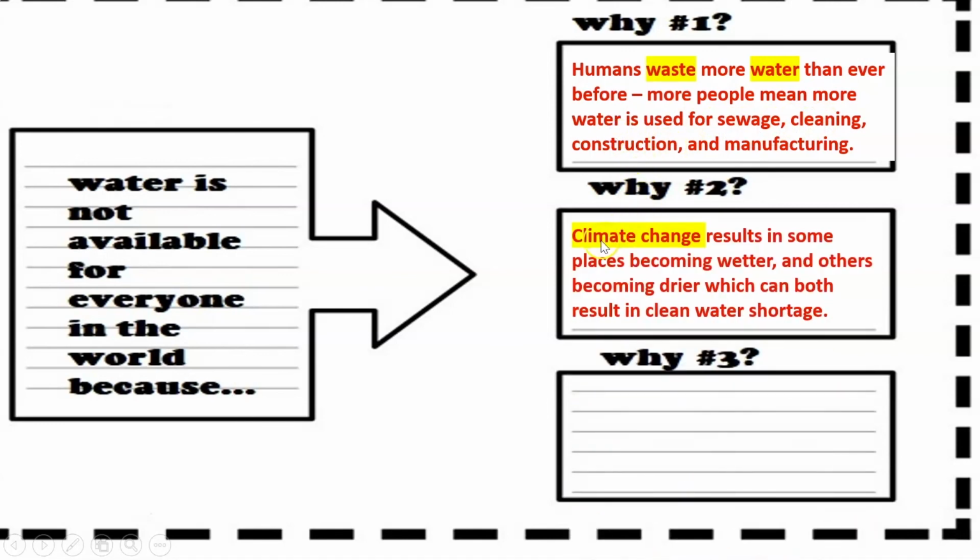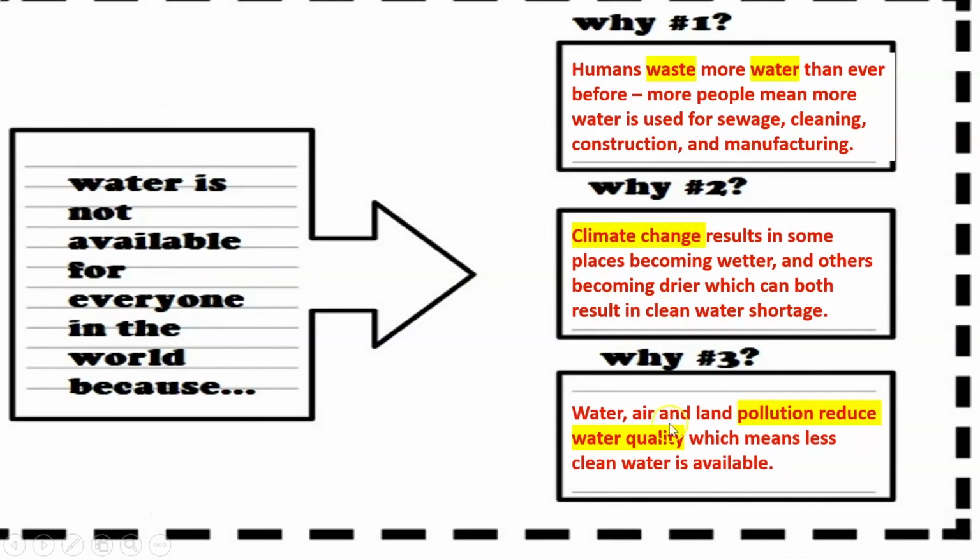Number 2, climate change results in some places becoming wetter and others becoming drier, which can both result in clean water shortage. And number 3, water, air, and land pollution reduce water quality, which means less clean water is available.